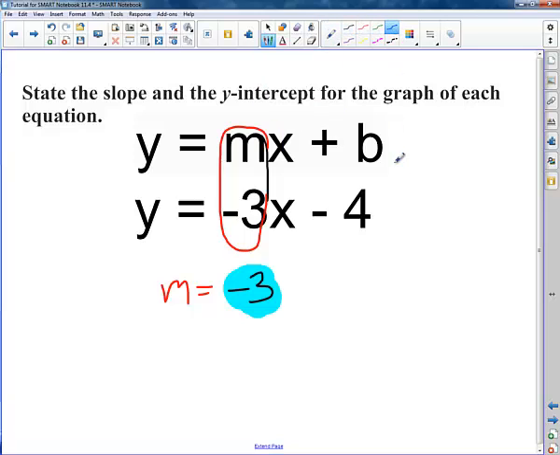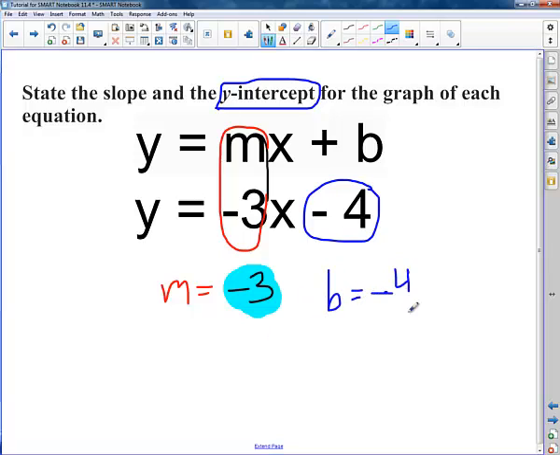Okay. And then the y-intercept is the value out here after the x. That's the slope, the mx, plus. When you're finding the y-intercept, always take the sign that's in front of it. So in this case, it's a negative 4. So b is equal to negative 4. All you're doing is selecting this part here, the negative 4.